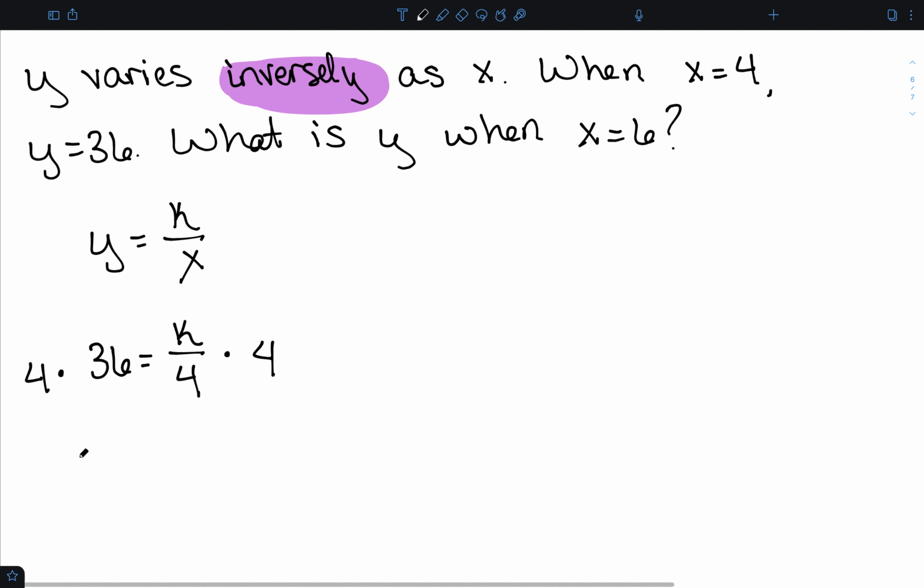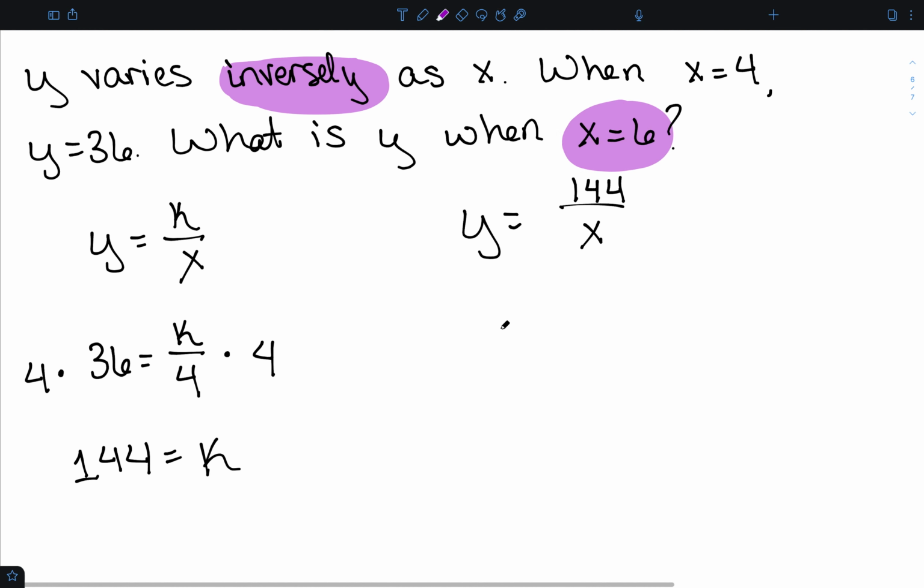And I get 4 times 36 is 144. On the right-hand side, I get k. So I actually have y is equal to 144 over x. When x is equal to 6, I get 144 over 6, which tells me that y is equal to 24.